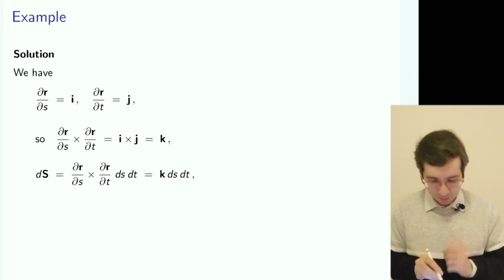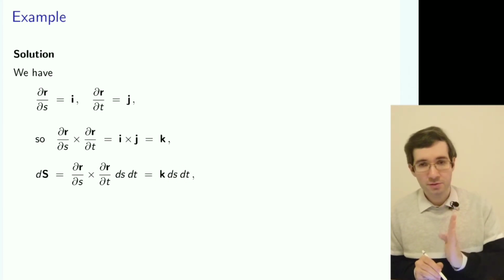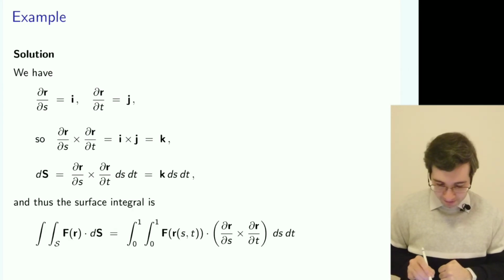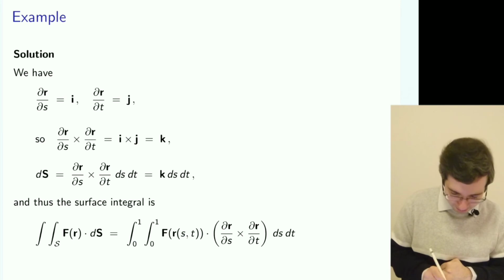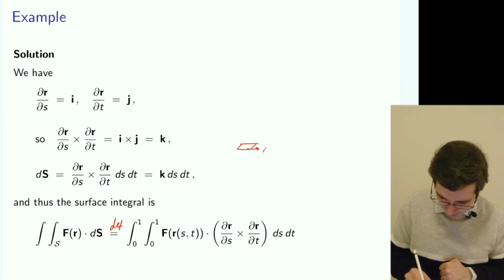So again it will be only one component, pointing upwards. And then we use the definition. So we had this little element of the plane, so this was i, this was j, and we got k.